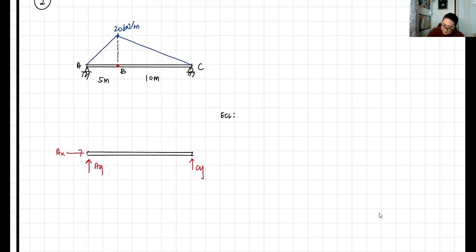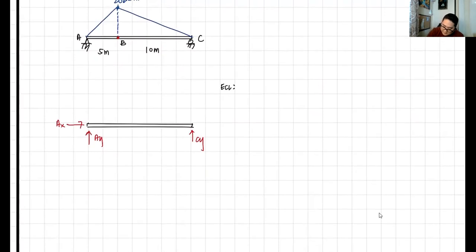Okay? So, para dun sa nasa left side, that is 1/2. So, same naman siya ng height, pero iba ng length, no? So, this will be 20 times 5 times 0.5. That is 50 kilonewtons. Then we have yung sa right side, we have 1/2 20 times 10.